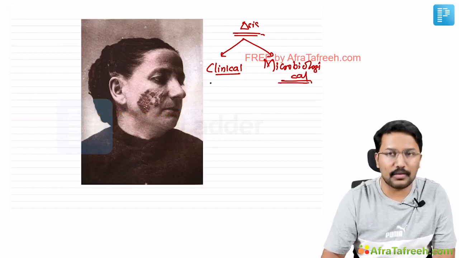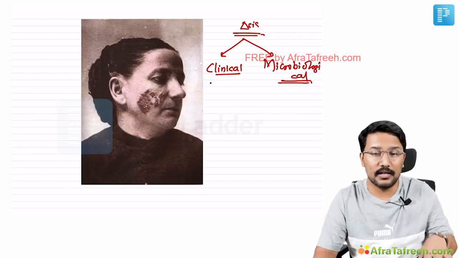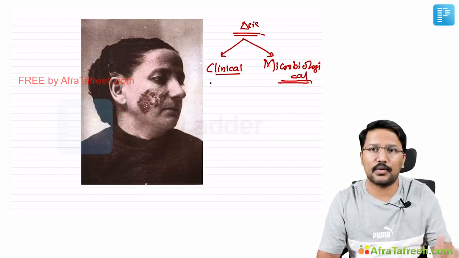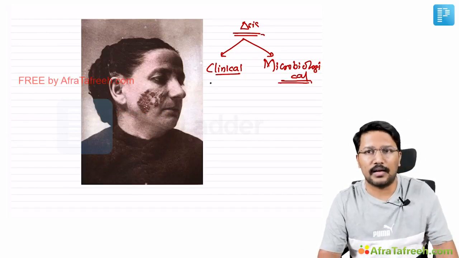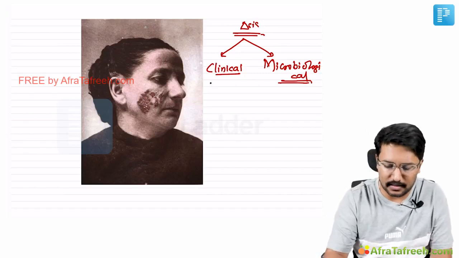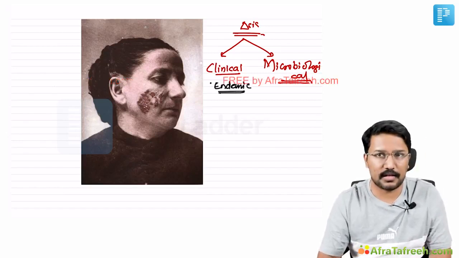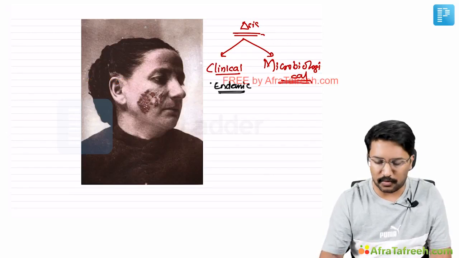Okay. See, what are the important clinical circumstances where you can strongly predict that it could be tuberculosis even in the absence of microbiological diagnosis, and you can initiate empirical treatment? Number one, in an endemic country like India, where someone presents with a typical chest X-ray finding. What is the typical chest X-ray finding we are talking about?